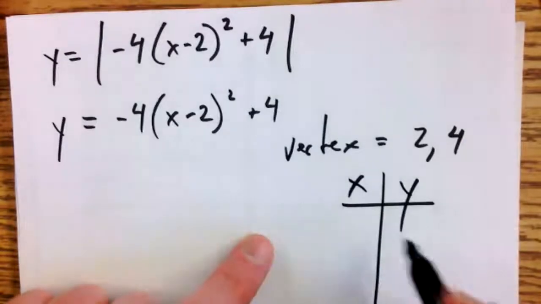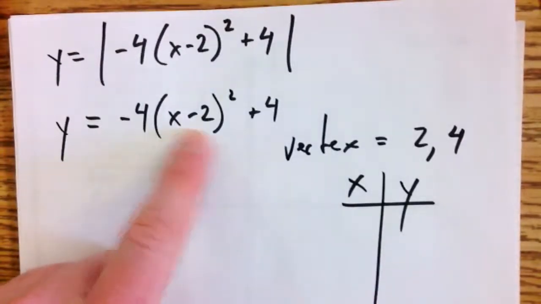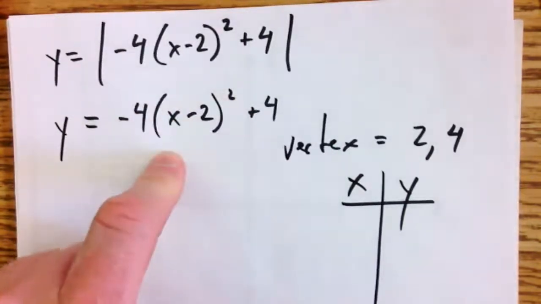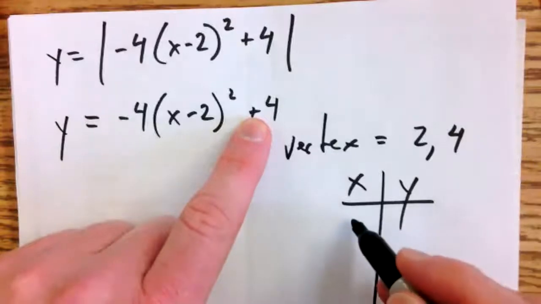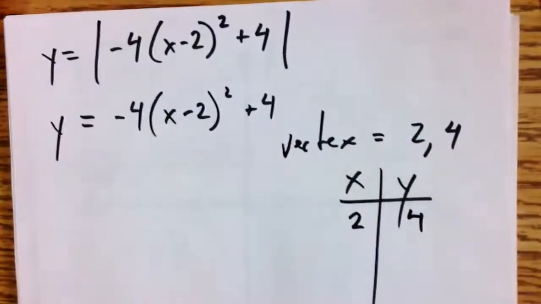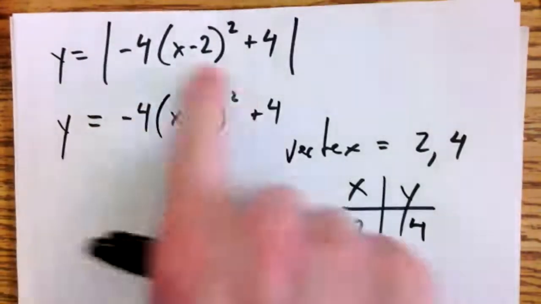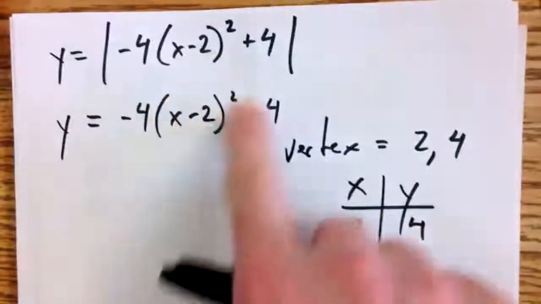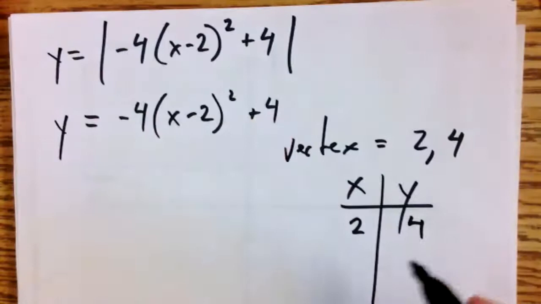Figure out those zeros. We want to find where y is 0. If we put a 2 in here, that makes this whole thing 0, but then it's 0 plus 4. So when x is 2, y is 4, although that's the vertex. But if we want to make this whole thing -4, then -4 plus 4 is going to be 0.